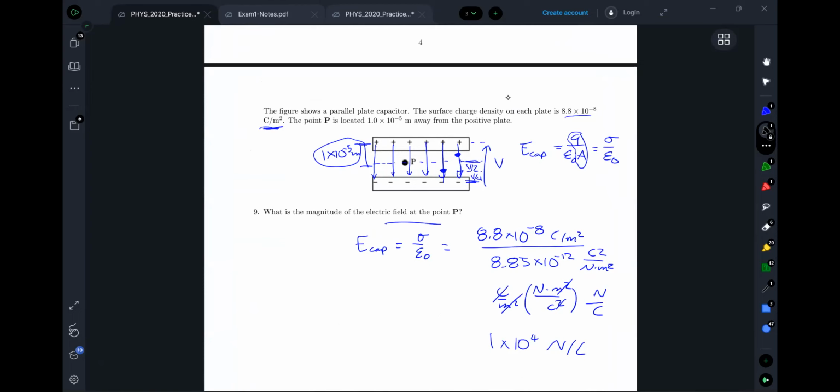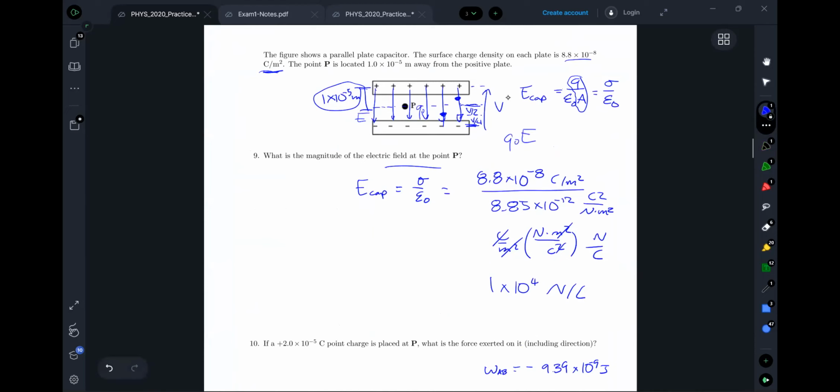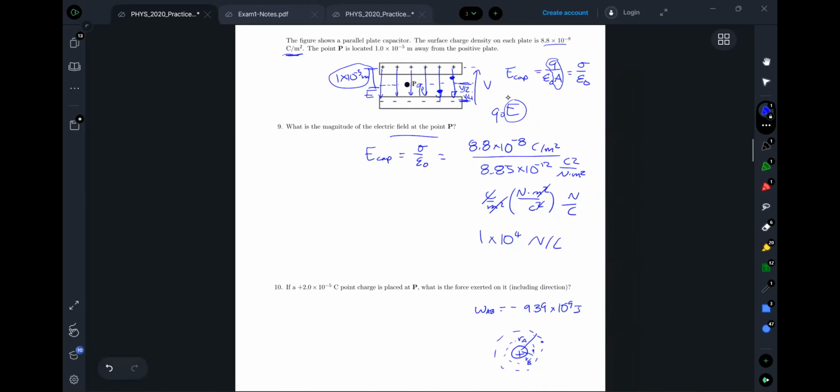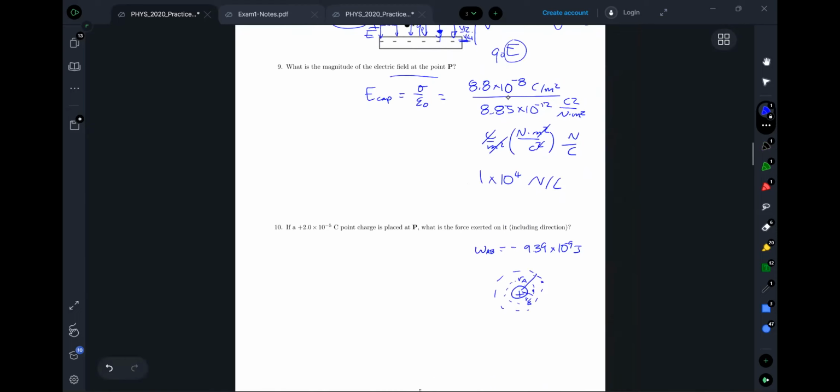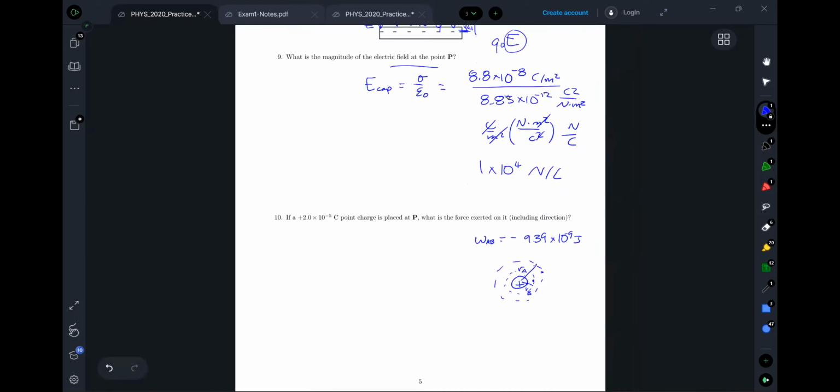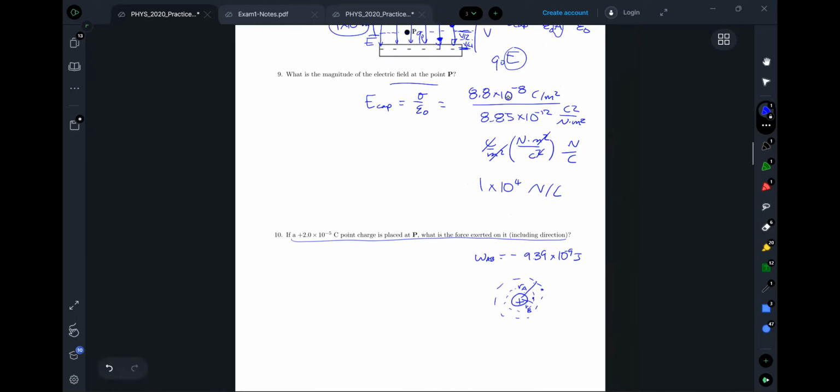So you still have to resort back to what you know: the electric field for the capacitor, and the point charge has that value Q naught. I know the force on that charge is Q naught E. I do know something about E since it's the capacitor's electric field, but I don't know the force right off hand. So that's what we would have to do, for instance, for this problem, finding the force on this charge.